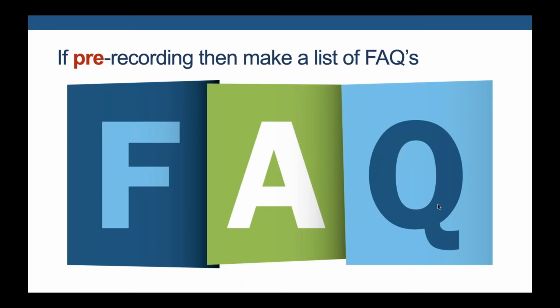So it sounds to the person listening on demand as if that question's just coming live from a person, and you're asking it and giving the answer there and then. And by doing a list of frequently asked questions, you're going to cover most of the topics that were likely to have come up if you'd done that webinar live.